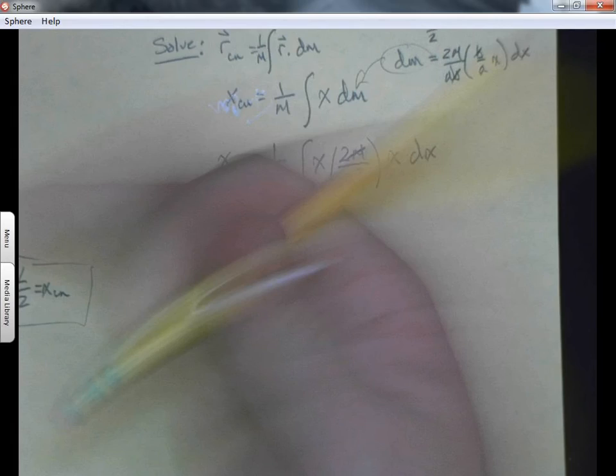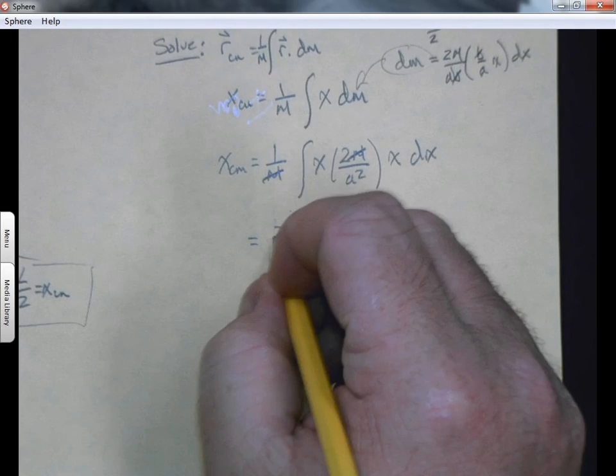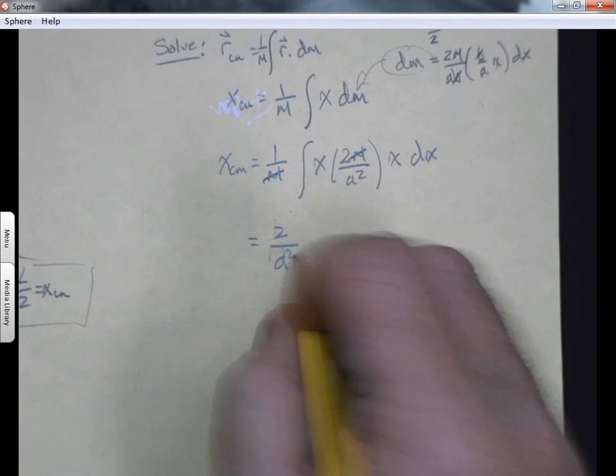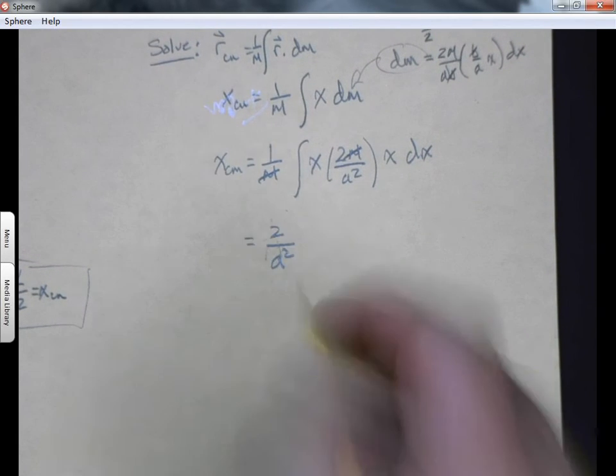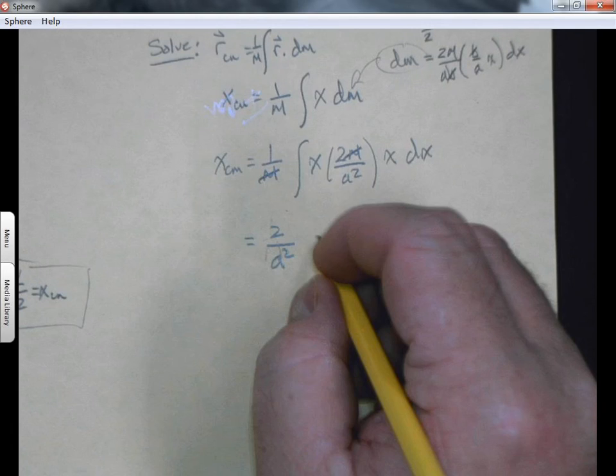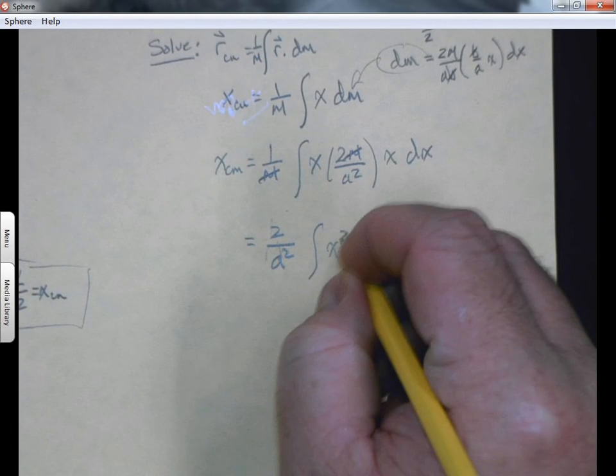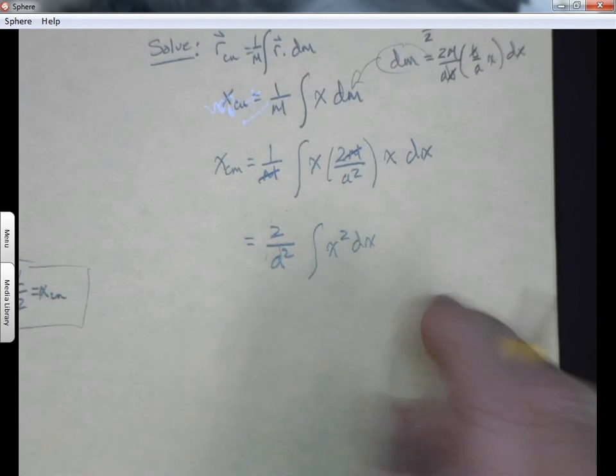We can pull our constants out, so that's going to be 2 over a squared times the integral of x squared dx.